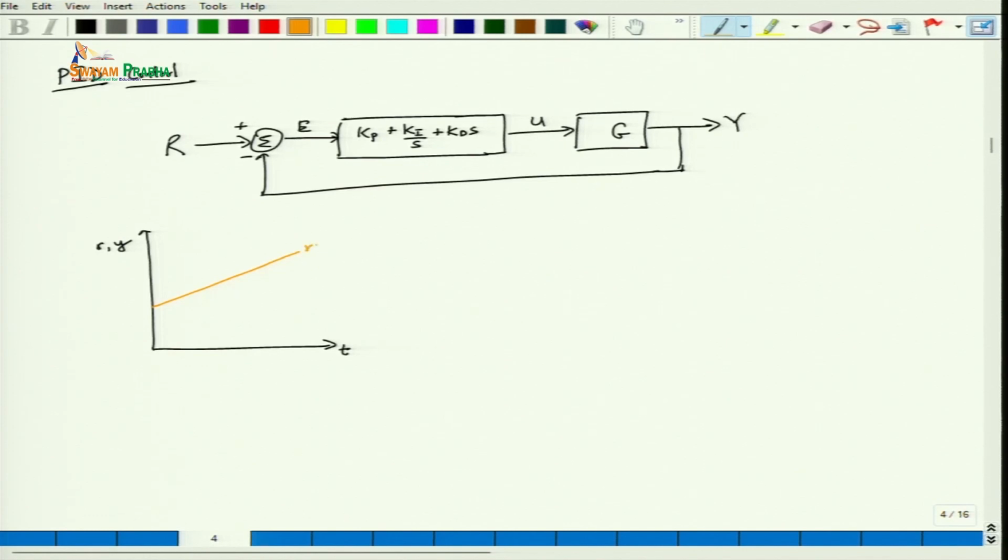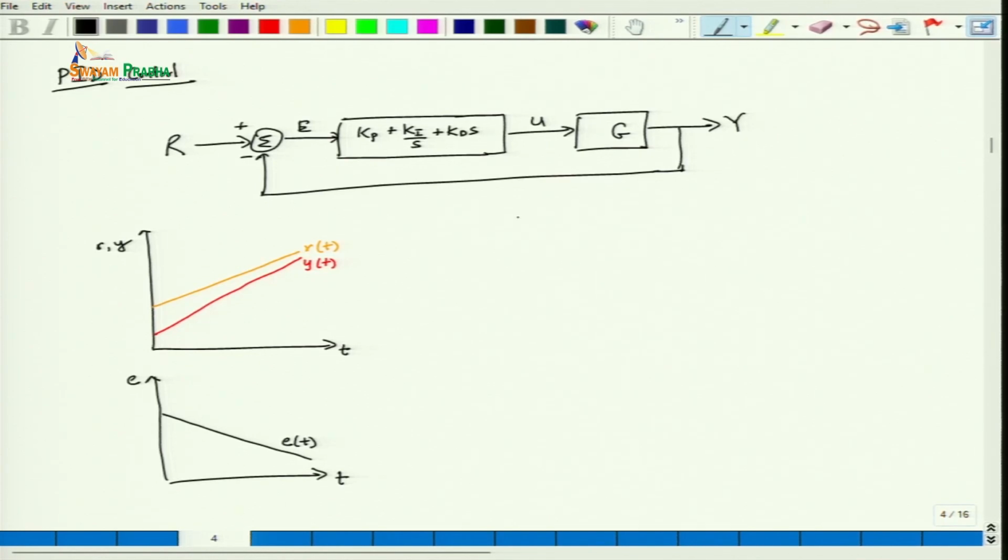So this is basically R of t, and our corresponding output looks something like this. So in this scenario you will see the error will look something of this form. So based on this we can formulate.